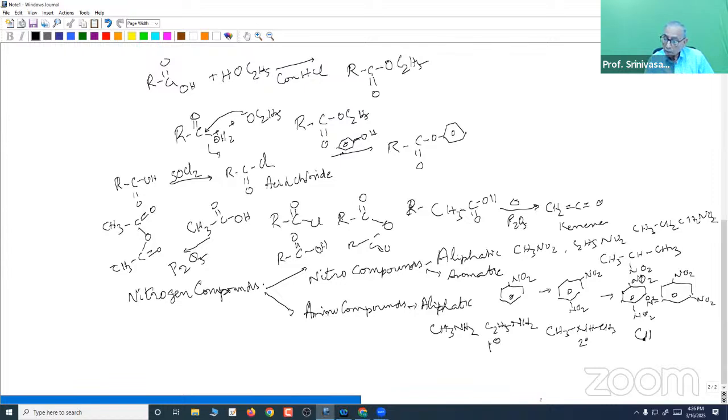Finally, you have this is called third degree amine or tertiary amine. So you have nitrogen attached to either one alkyl group or two alkyl groups or three alkyl groups, and these are in turn called primary amine, secondary amine, or tertiary amine. In aliphatic chemistry, amino compounds also, you have this type of distinction.